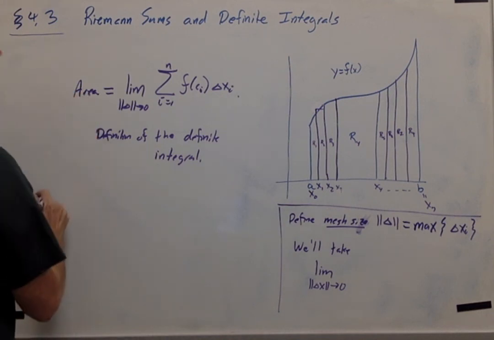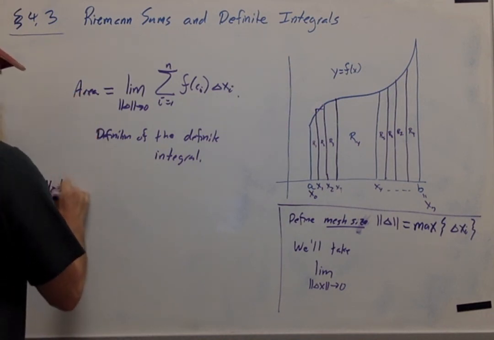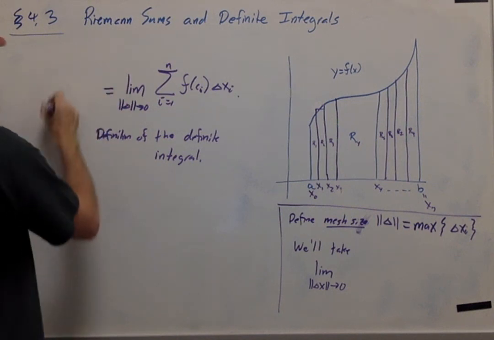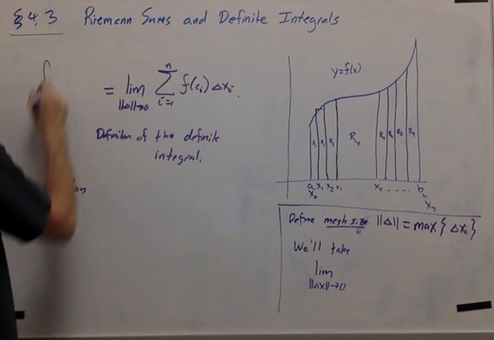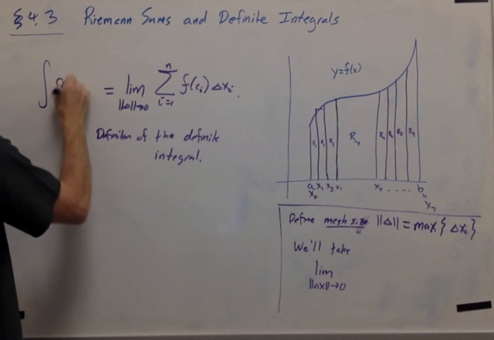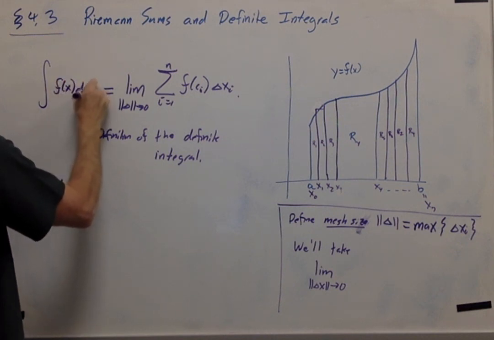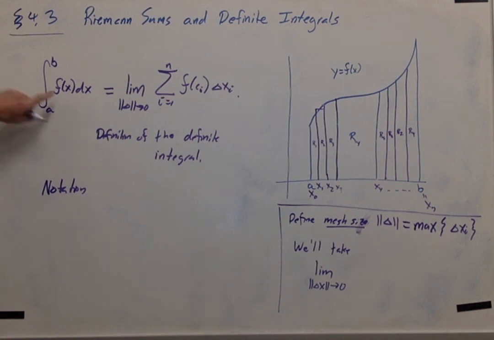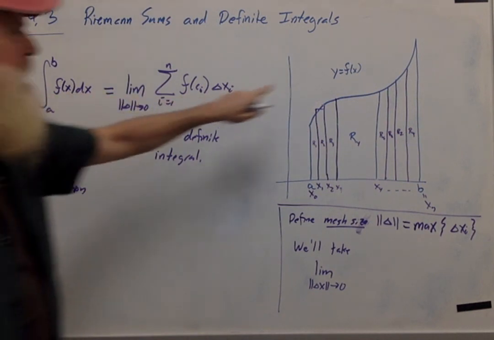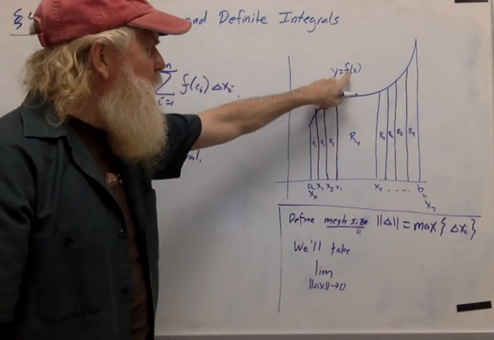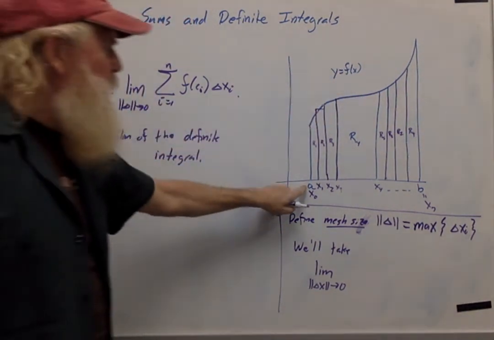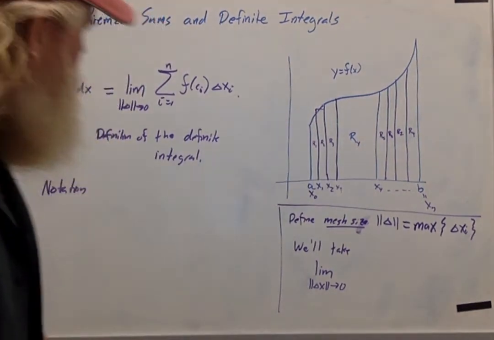And the notation is this: integral of f of x dx from a to b. So the f is the function under which you want to find the area, and the a and the b are the endpoints of the interval.